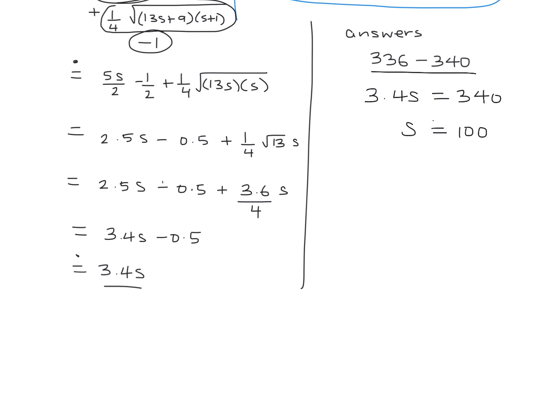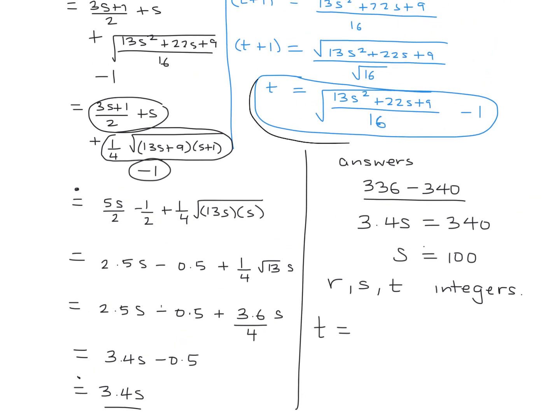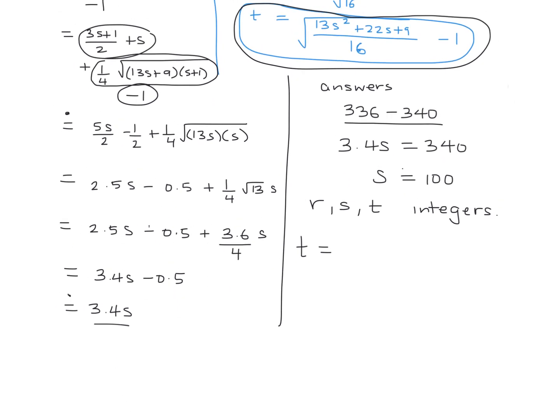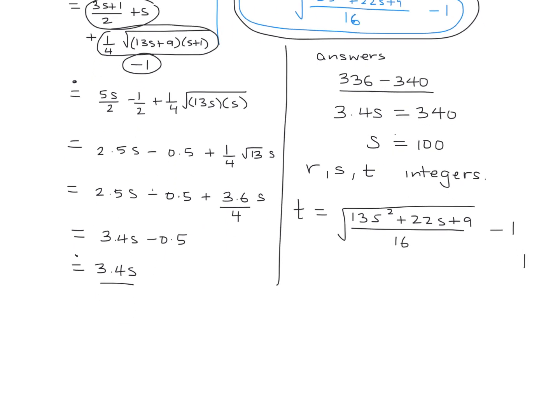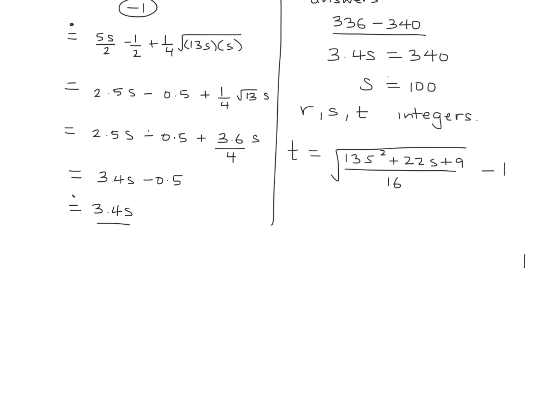Now we also know that r, s, and t are all integers. And t is this big long song and dance up here: 13s squared plus 22s plus 9 all over 16, all root minus 1. Now, as before, I'm going to factor this to make it a little easier.